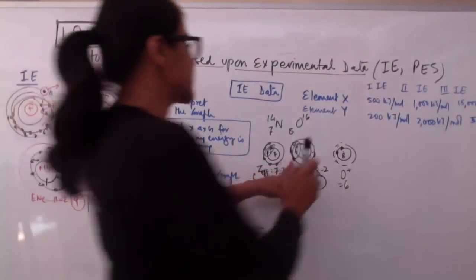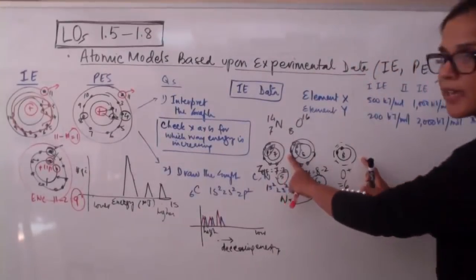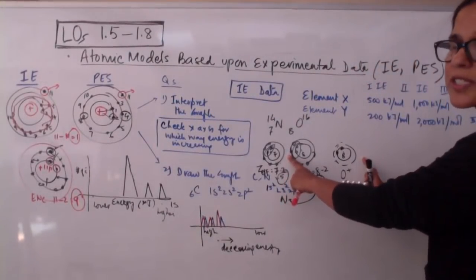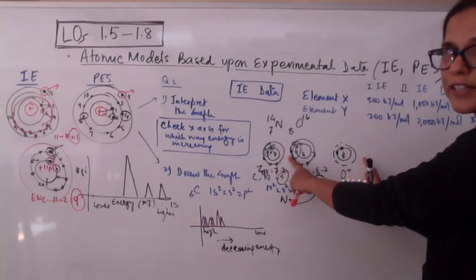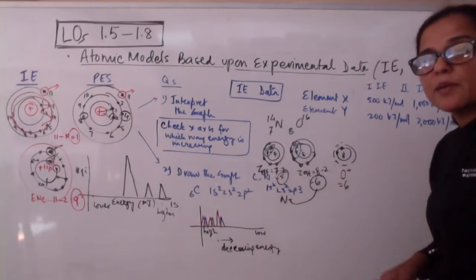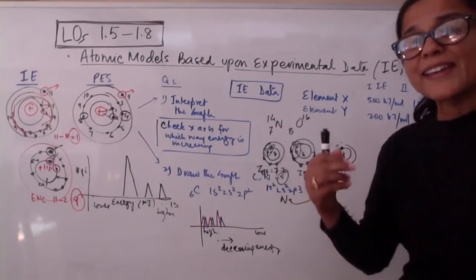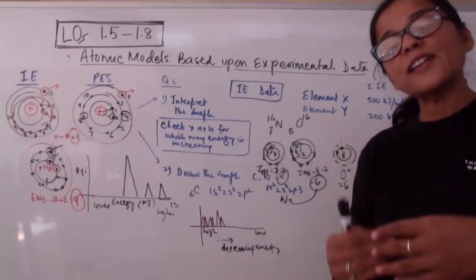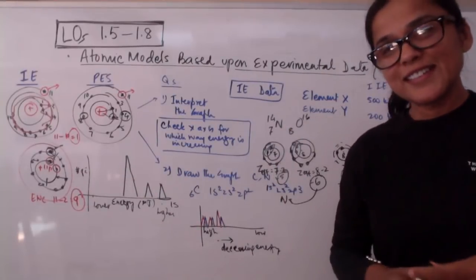Oxygen versus its cation, no. The ENC between oxygen and oxygen's cation is not different. It is exactly the same. But oxygen does not make a cation. It tends to gain electrons, not lose electrons.